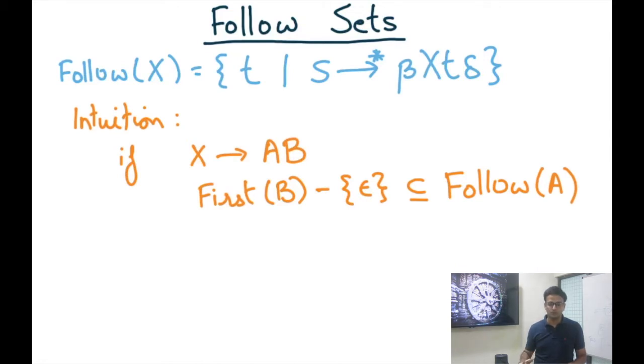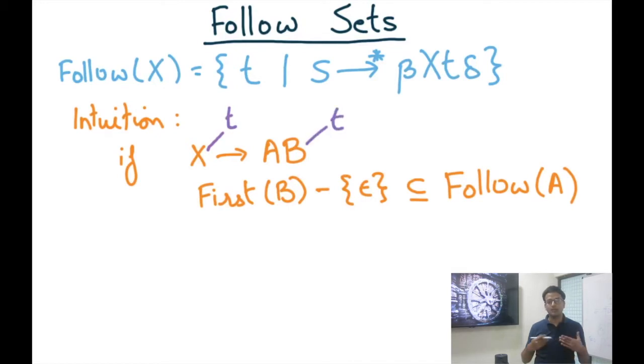So anything that is in First(B) except epsilon can be safely added to Follow(A), because anything that can be produced as the first character of B can follow A in some derivation of X. Also notice that if something can follow capital X, then it can also follow capital B, right?